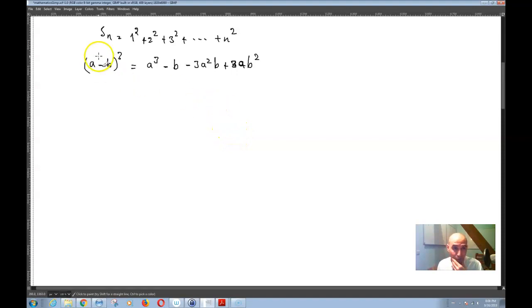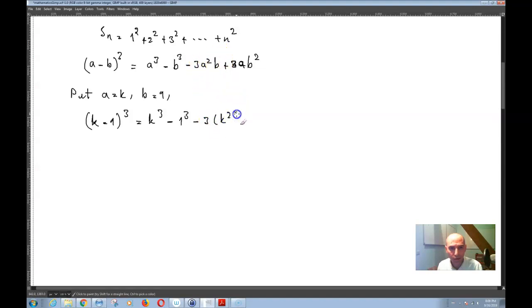Now in this identity, if I put a is equal to k and b is equal to 1, what I will get is (k minus 1) whole cube is equal to k cube minus 1 cube minus 3 times k squared times 1 plus 3 times k times 1 squared.